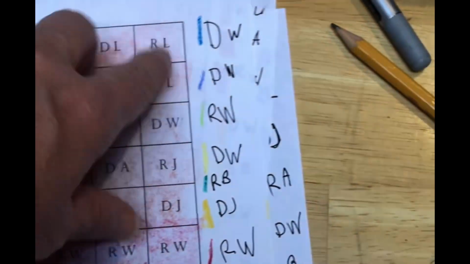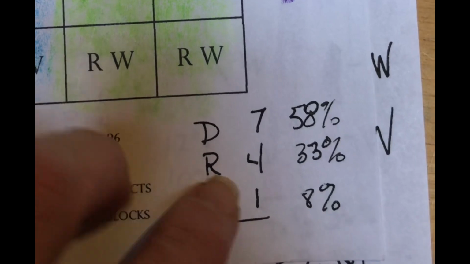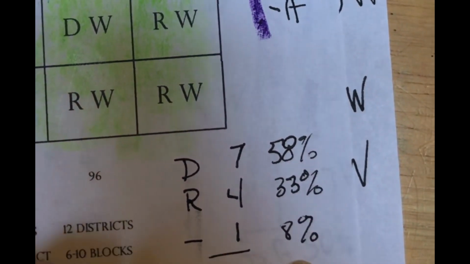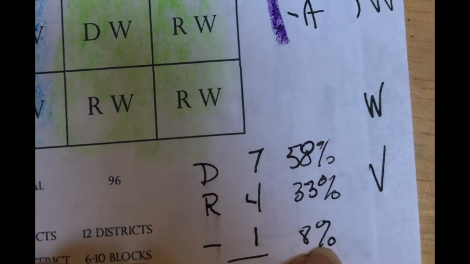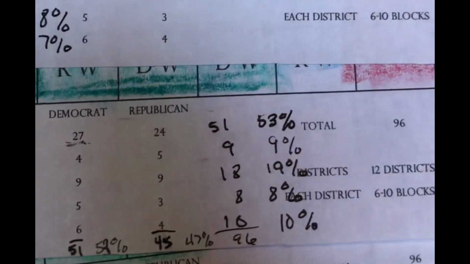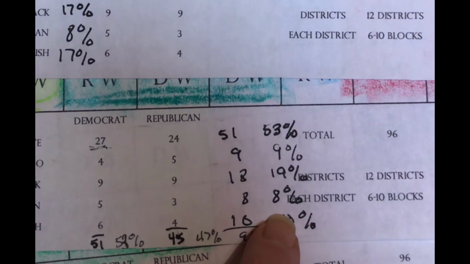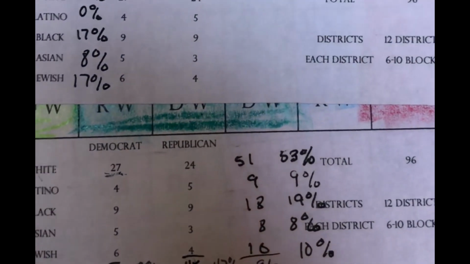So she went through and chose 12 districts. You can see the vast majority of the time the Democrats win at a clear 58%, with Republicans having 33% and a toss-up at 8%. And when we looked at the demographics, right here, these are the demographics, like what actually is happening in all of our map.